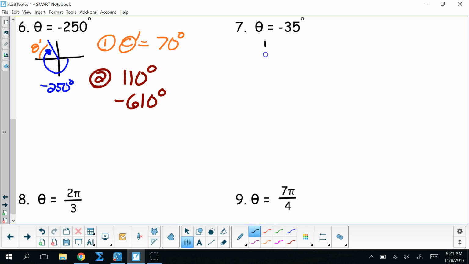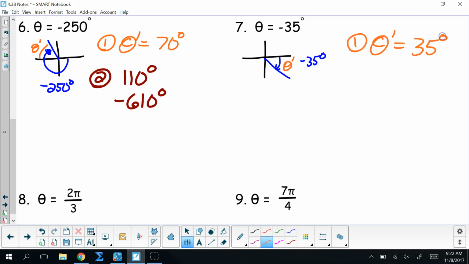Negative 35 degrees for my theta puts me down here. That also becomes my reference angle except positive, because it comes off the horizontal. So my reference angle then is positive 35 degrees. Our reference angle is always positive?